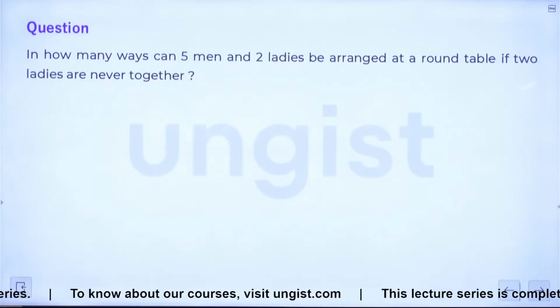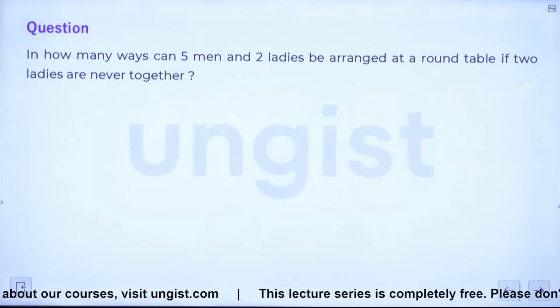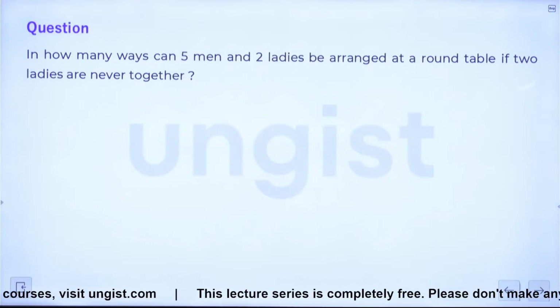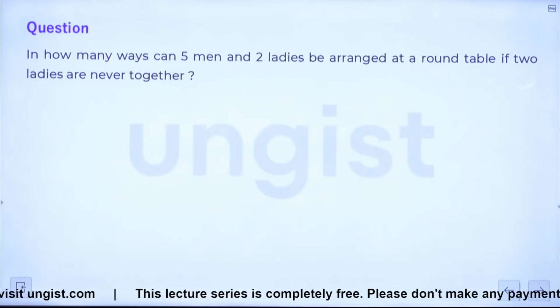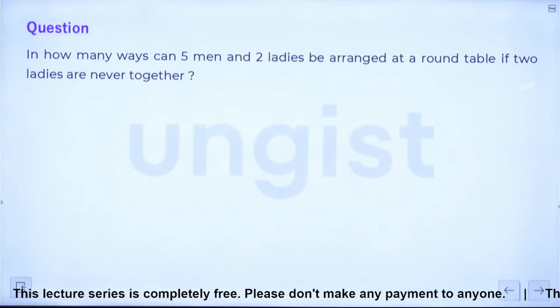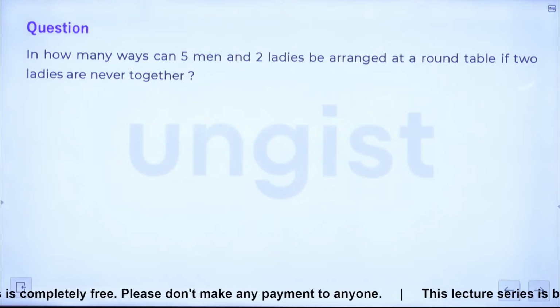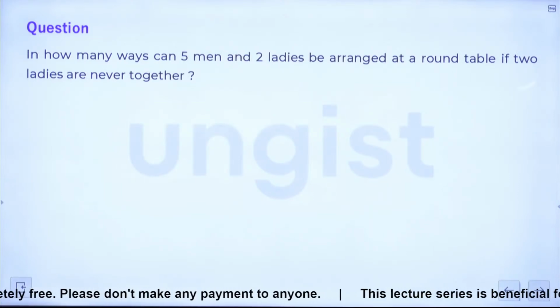Okay. Guys, this time the question is saying two ladies are never together. Total minus together. Total cases minus together. Now tell me the final logic.